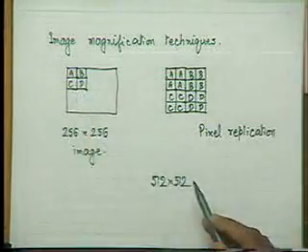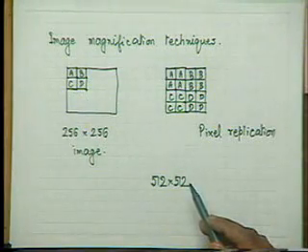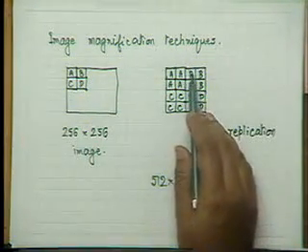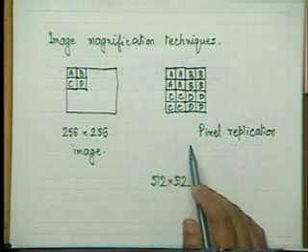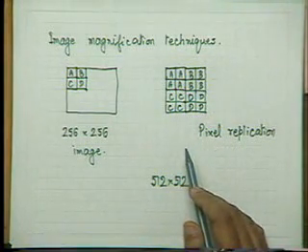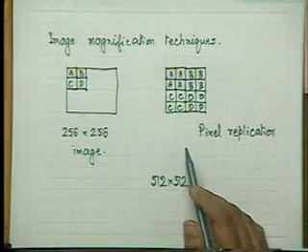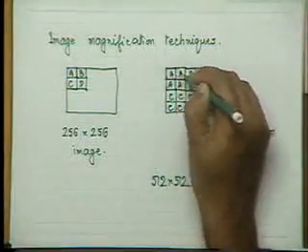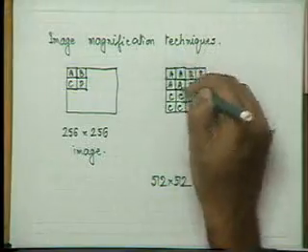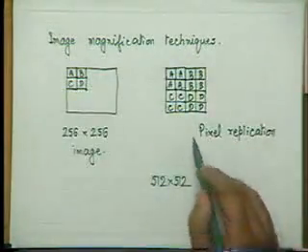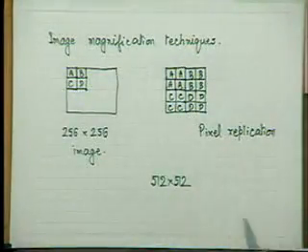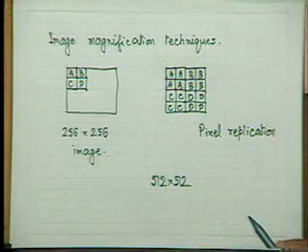Means wherever there are sudden sharp transitions in the intensity, those will be preserved even here also, okay. And moreover the image will appear more like a box structure. That is to say, this pixel A you are now replicating into 4 pixels. This 1 pixel is being replicated into 4. So that effect also will be there.